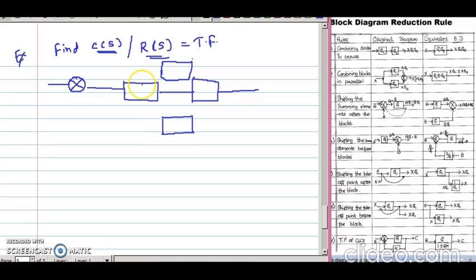See the diagram given. This is G1, G2, G3, H. Okay. Again a mixer is used there. So the mixer, see, it comes from like this. This is again the forward path.